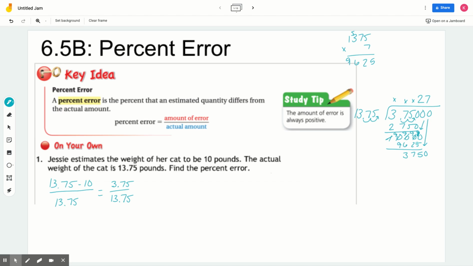Now we can see here that we're starting with that 3,750 again. So we can see that this is going to have a repeating pattern. We can go ahead and bring our decimal point up to the 4 places after the decimal point. Go ahead and finish those out for you here.